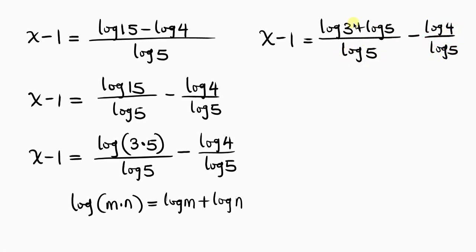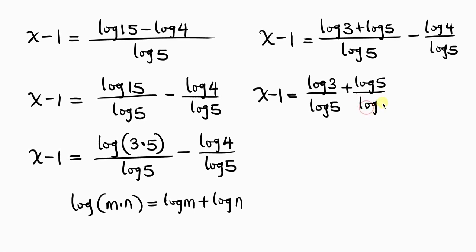Now let's separate this fraction. So we have x minus 1 to be equal to log 3 over log 5 plus log 5 all over log 5, and then minus log 4 all over log 5.